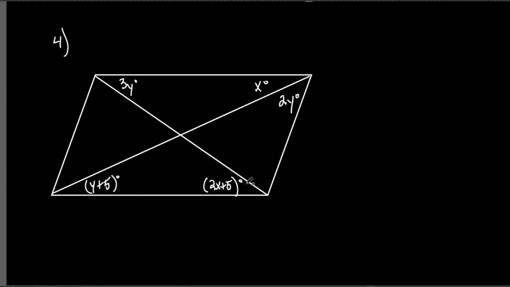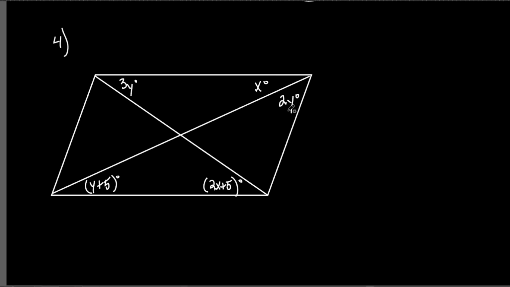And again, we don't know that it's a parallelogram right now, but we want to find what x and y should be equal to in order to make it a parallelogram. So what do we know about the diagonals in a parallelogram? Do we know that the two angles are equal to each other right here?